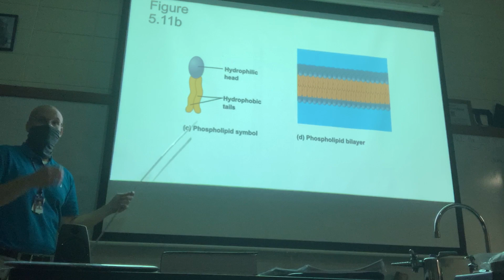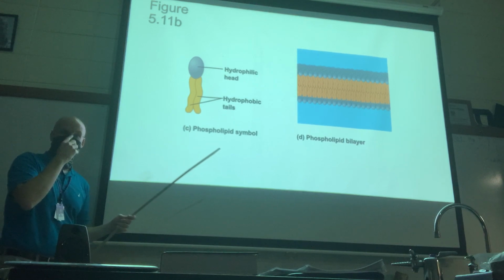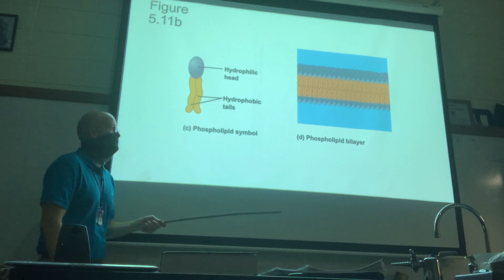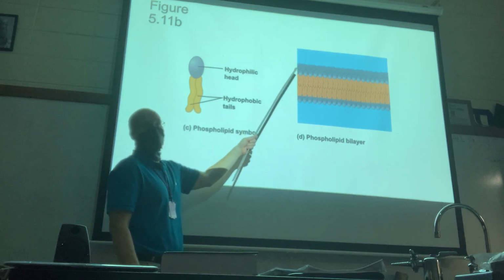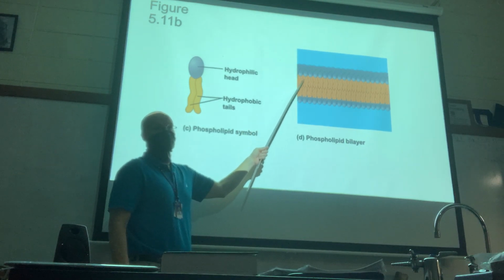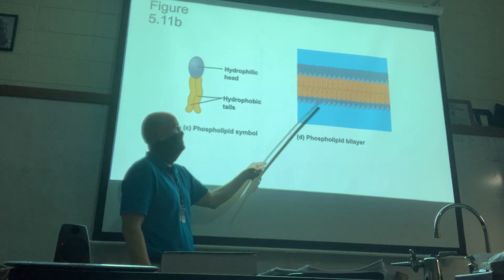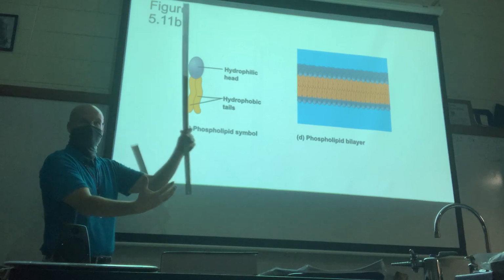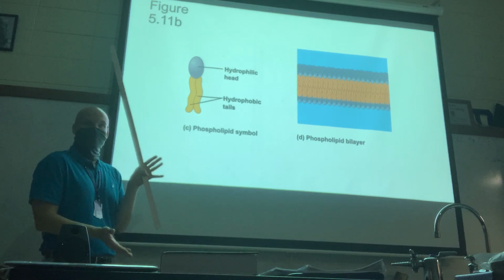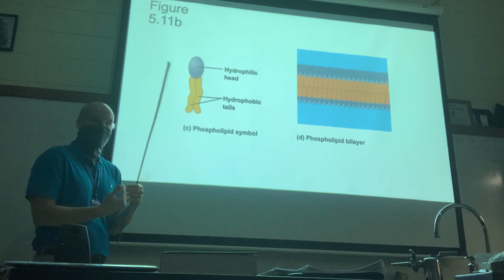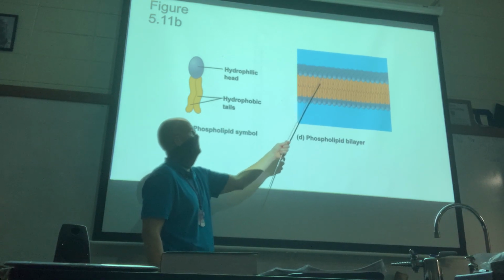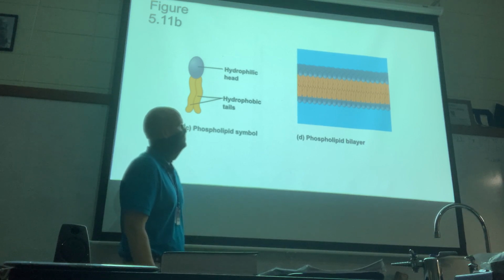So this is a weird molecule where one end of it likes water, the other end of it doesn't like water. And so if you put a bunch of phospholipids in water, they arrange themselves in this weird way where all the heads kind of go towards the water and all the tails are repelled by the water, and you get what's called a phospholipid bilayer. 2 layers of these phospholipids.